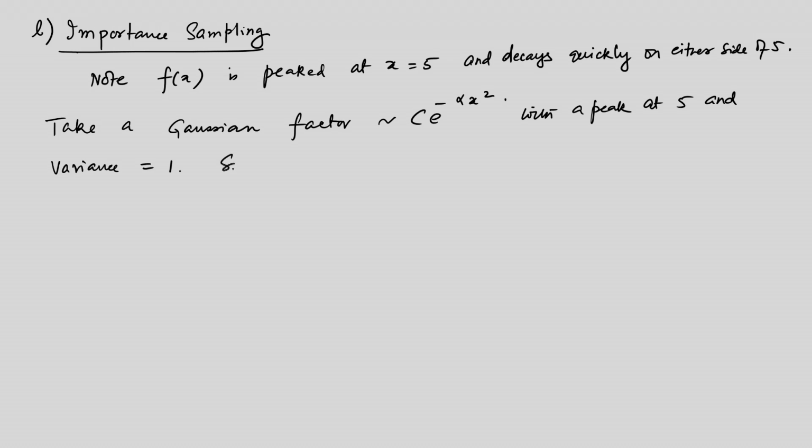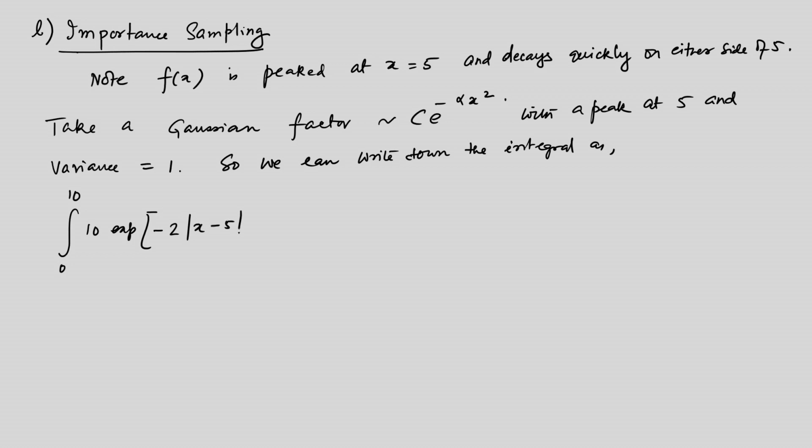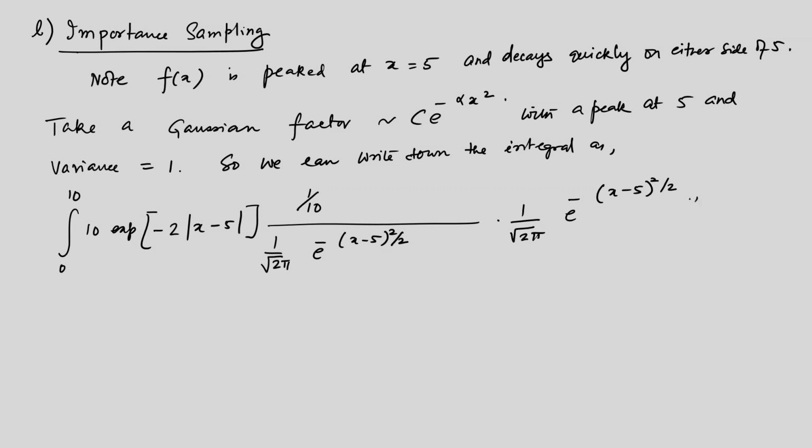So, we can write down the integral as, from 0 to 10, this function, which is exponential of minus 2 mod x minus 5, and then there is a 1 over 10, and now a 1 over root 2 pi exponential minus (x minus 5) whole square by 2, and 1 over root 2 pi exponential minus (x minus 5) whole square over 2, and a dx.